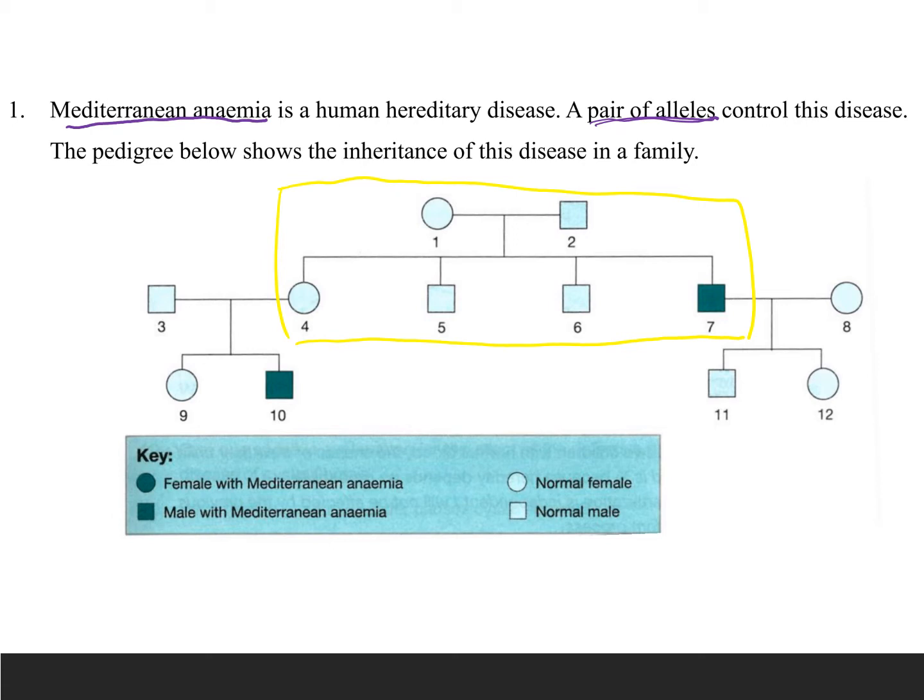Or another possible choice is you can choose the family in green, having the parents 3 and 4 with the same phenotype and character, while they give birth to a different phenotype child 10.